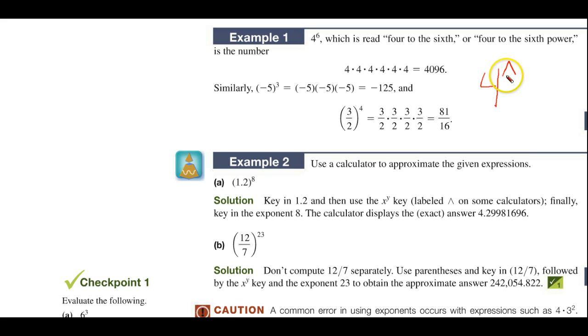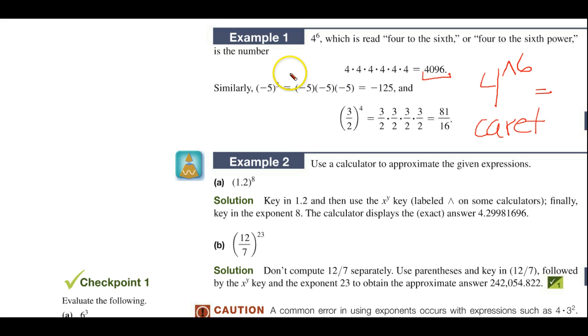Not like the one that the rabbits eat. This is a shorter version. C-A-R-E-T. Caret. And then we just enter the number 6, hit the equal sign, and it gives us this answer. And the calculator does all that.